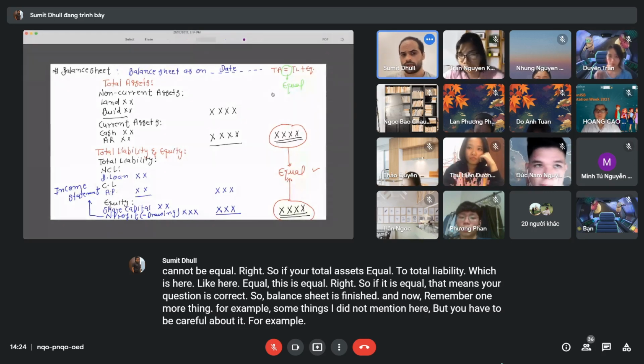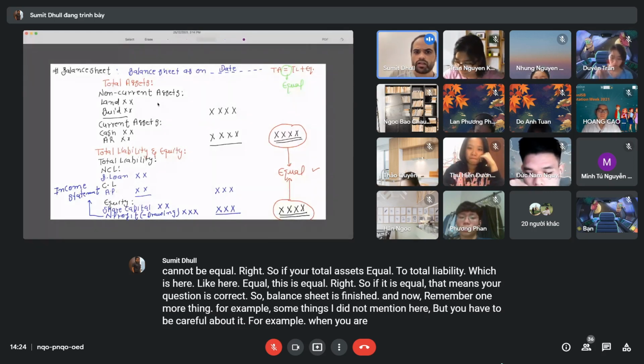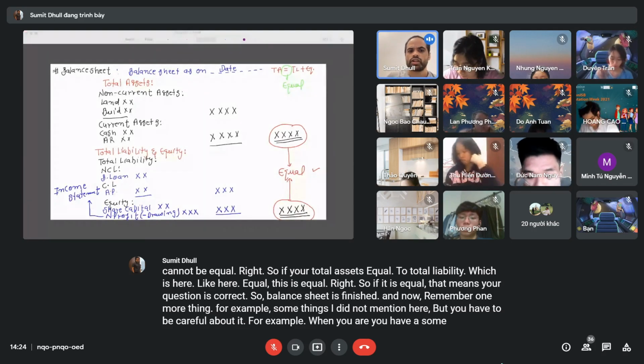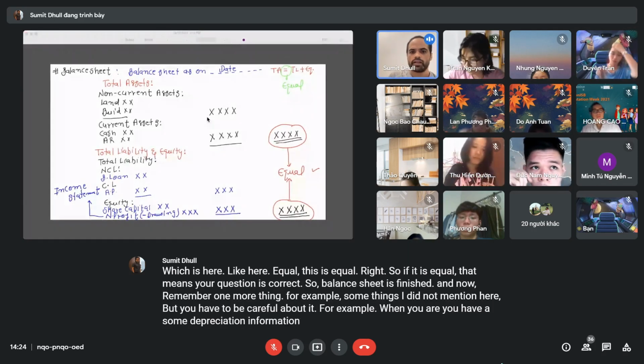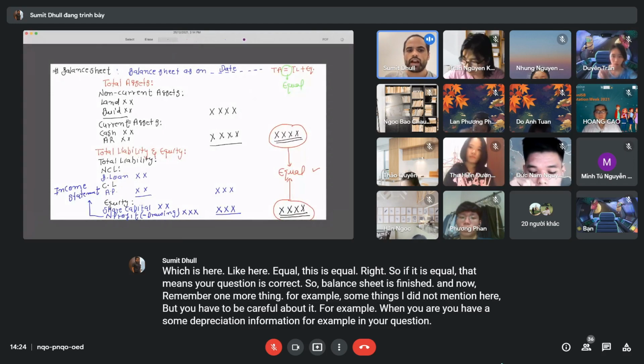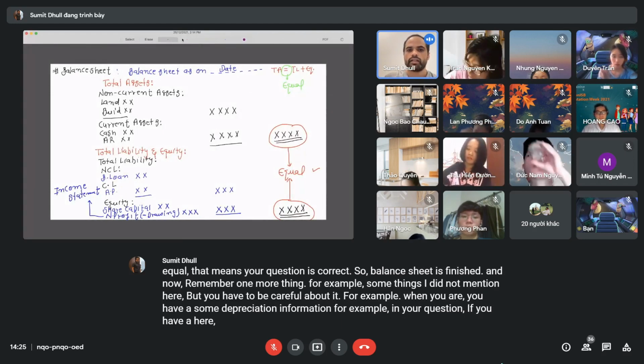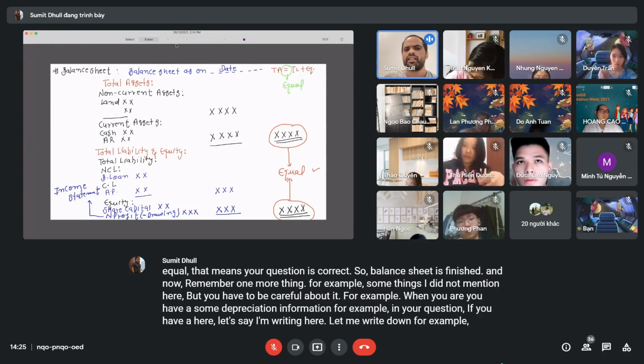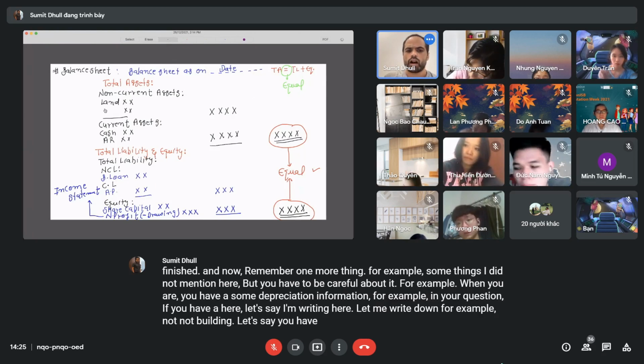For example, when you have some depreciation information. Let me write down, not building, let's say you have a car, and the car has depreciation.